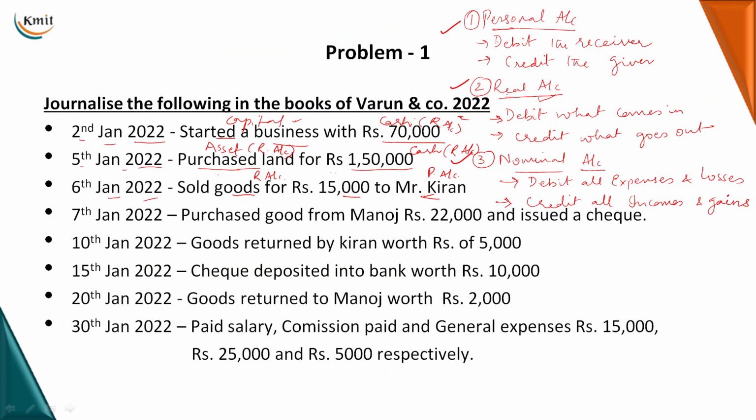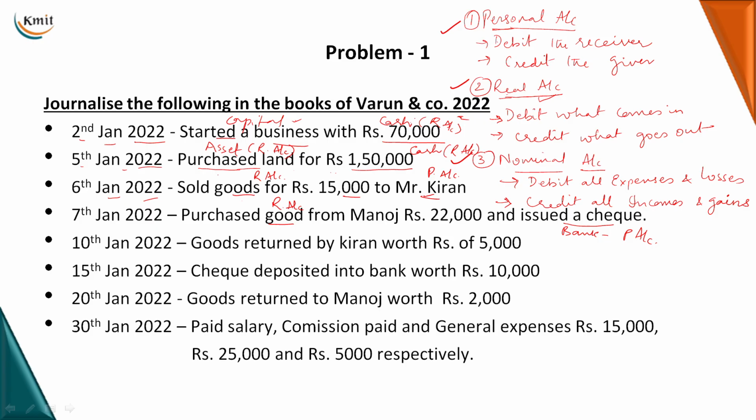Similarly, the fourth transaction, seventh transaction: purchased goods from Manoj, rupees 22,000 and issued a check. Purchased goods again is a real account. The check means a bank is involved here. Bank is nothing but a personal account.